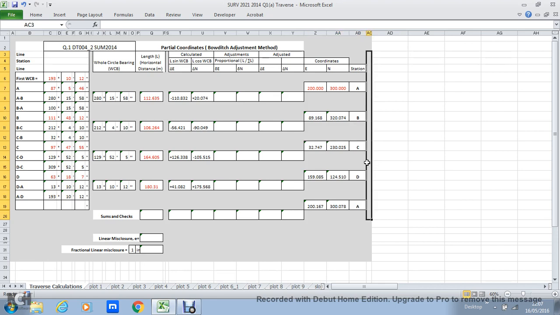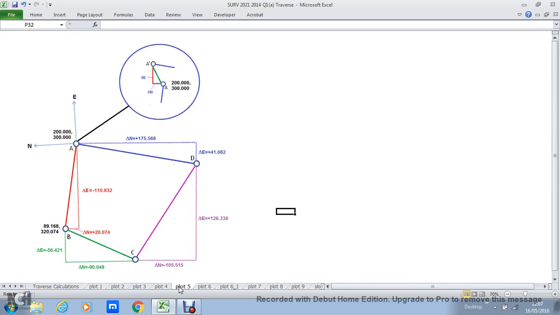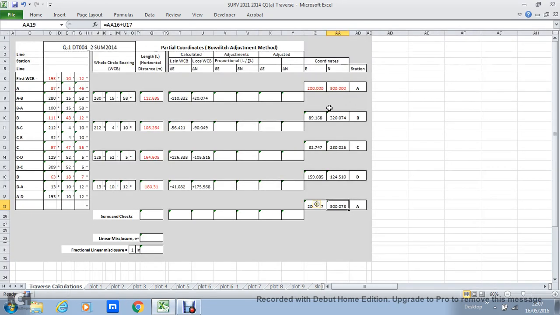And you can see that you get a discrepancy here. You started at 200, but you've ended up at 200.167. You started at 300, but you've ended up at 300.078. And that is shown on this particular plot here. So I put in those coordinates, the ones that match the ones here.